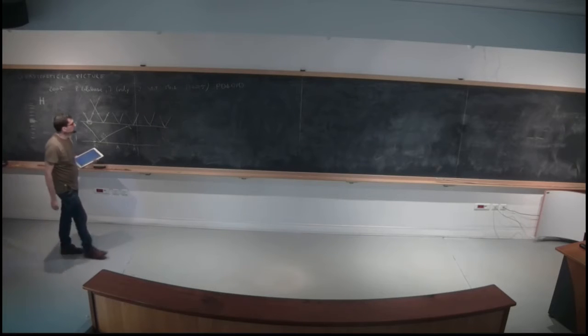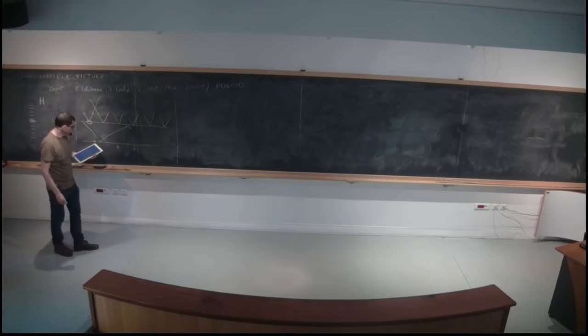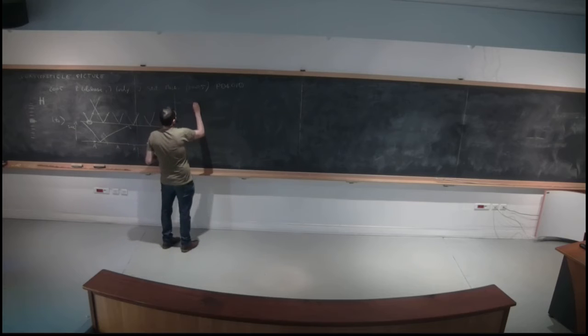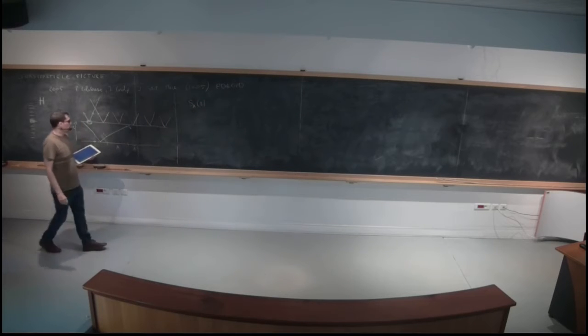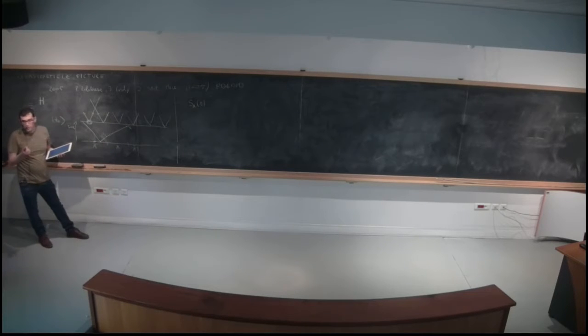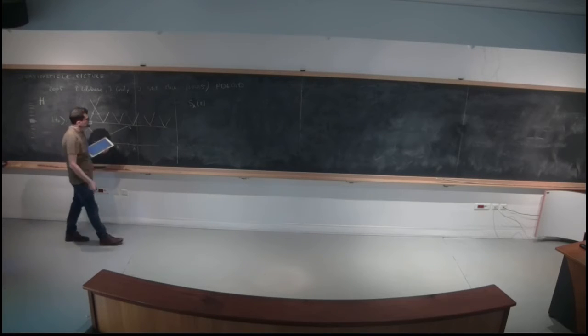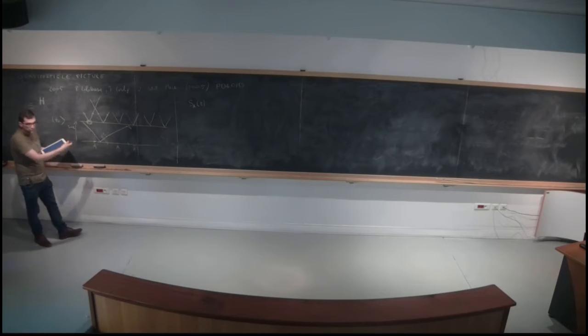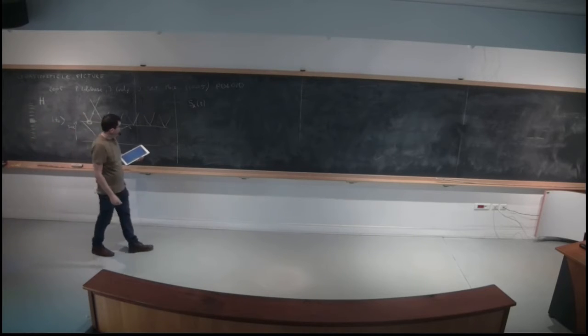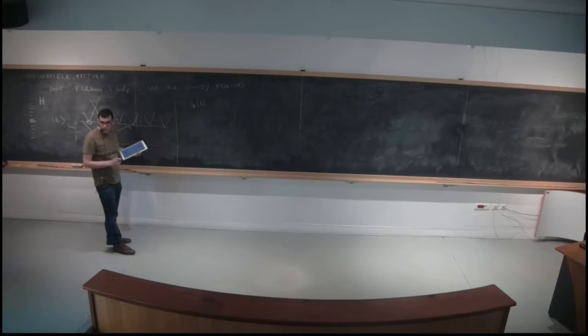Now in this very simple picture, if you want to compute the entanglement entropy of a subsystem A at a generic time t, what you have to do is count the number of pairs that are entangled with each other and at that time are shared between your subsystem and the rest.